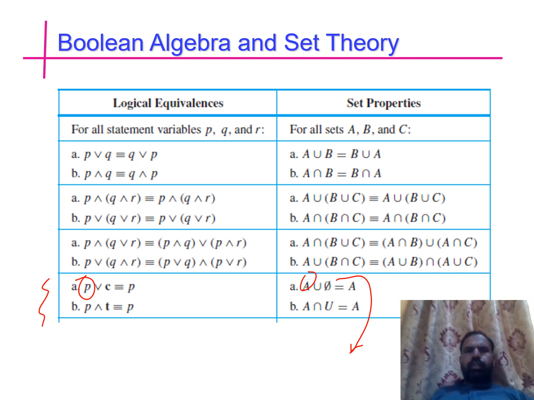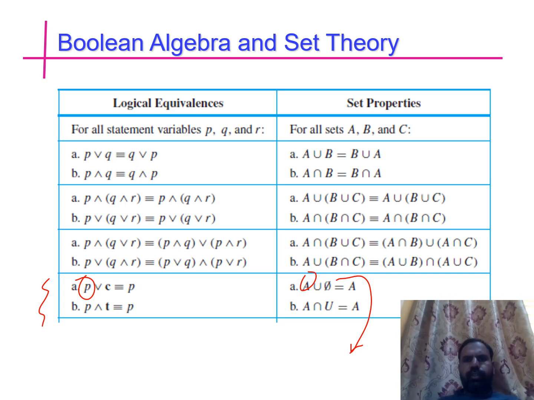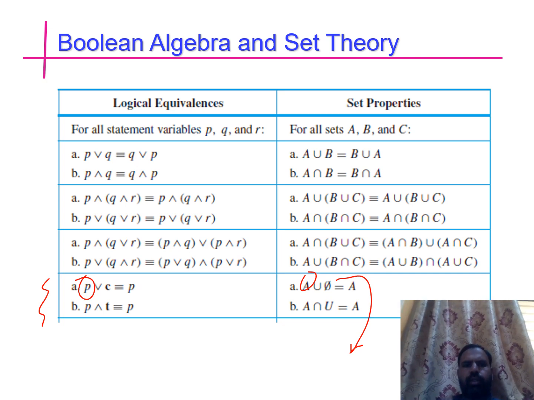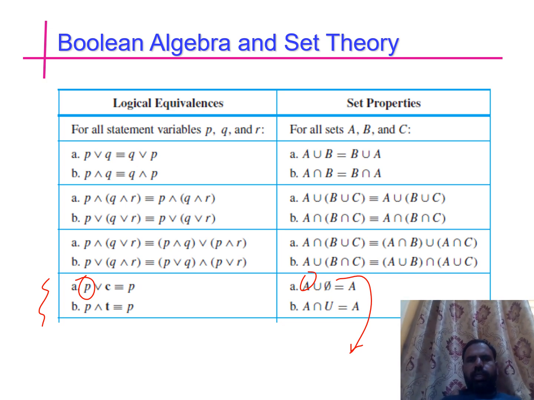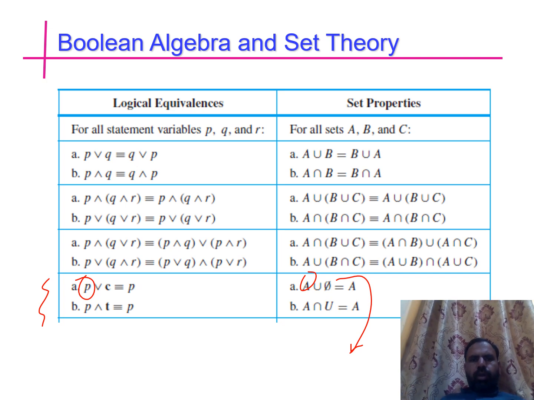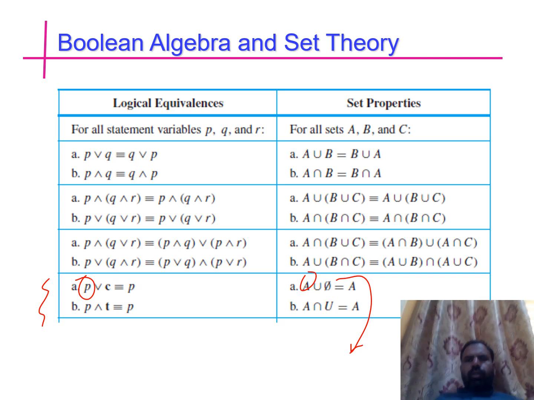Boolean algebra and set theory, logical equivalences and set properties are discussed here in this slide. For all statements P, Q, and R, P or Q is equivalent to Q or P, the commutative law in the logical equivalences.